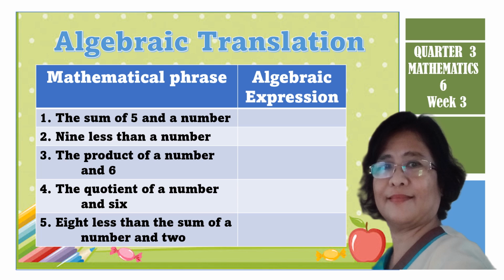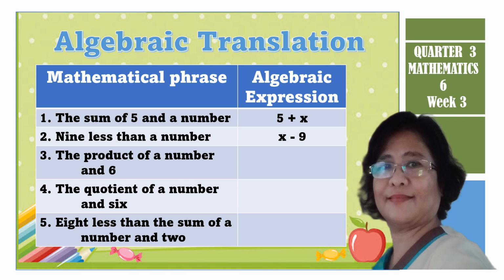And what is the correct answer? If your answer is 5 plus x, you are correct. Number 2. 9 less than a number. 9 less than a number. The correct answer is x minus 9.